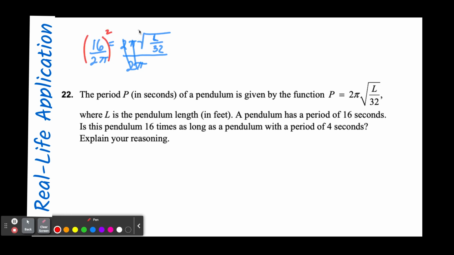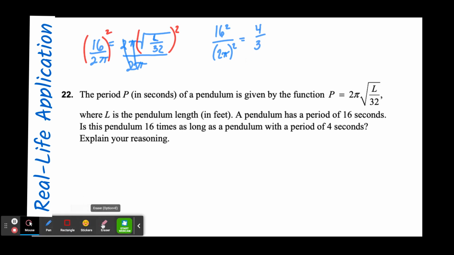We'll square both sides, so that we have 16 squared all over 2 pi squared equal to L over 32. To get rid of the 32, we have to undo the division, so we're going to multiply both sides by 32.